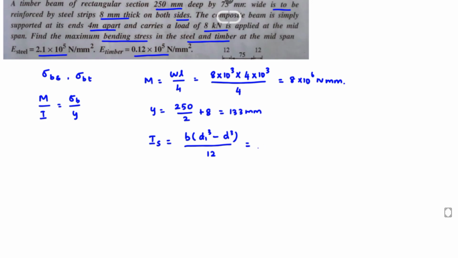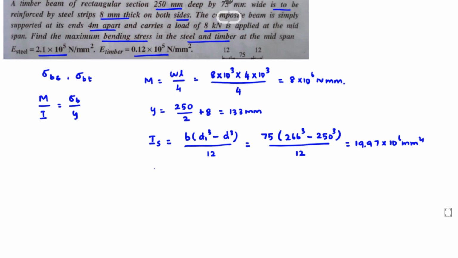Now b is 75 into 266 cube minus 250 cube, divided by 12. Solving this, we get the value of 19.97 into 10 power 6 mm power 4.